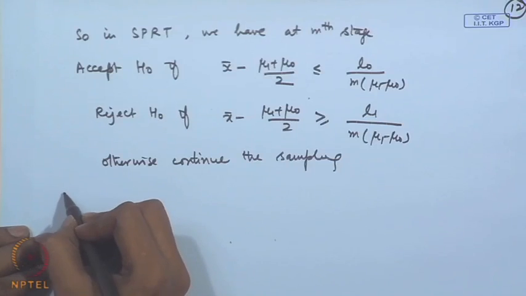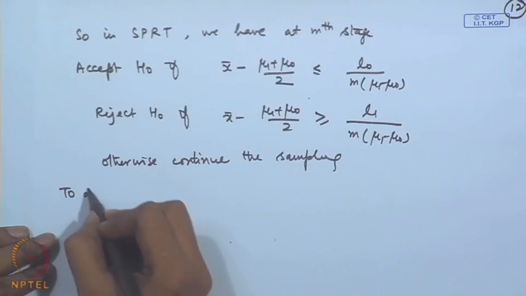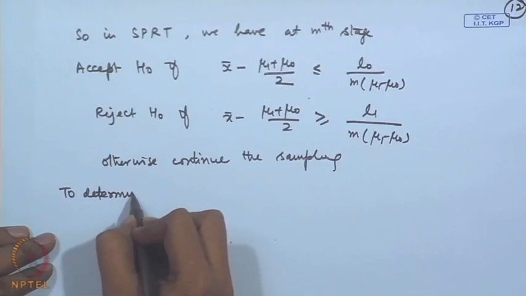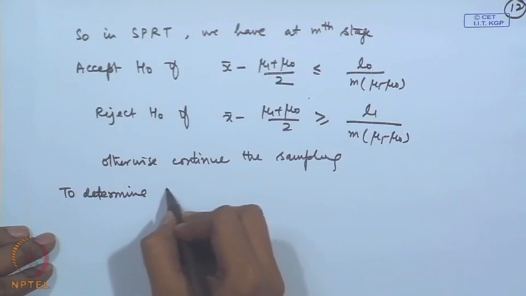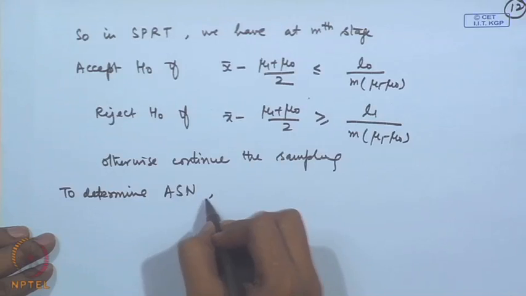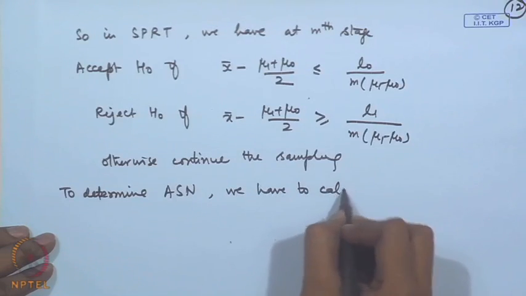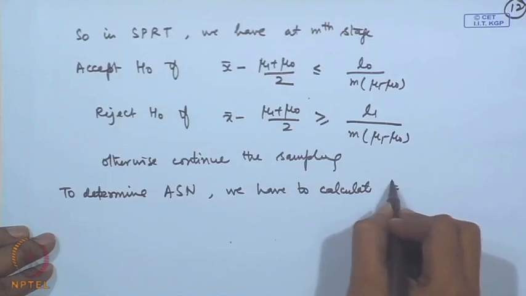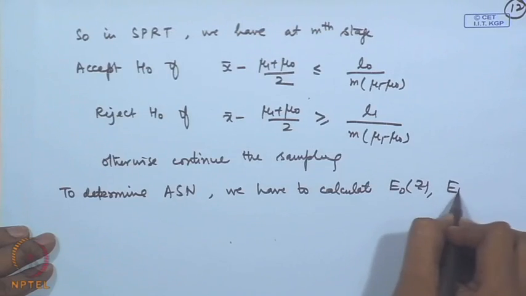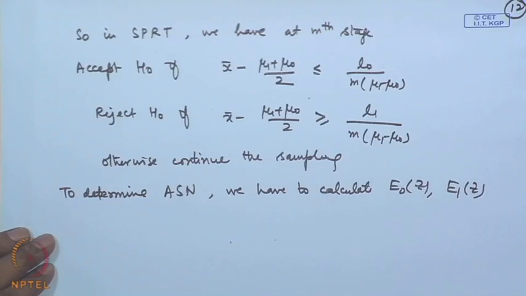Z is again the log of the likelihood ratio. So to determine the average sample number, we have to calculate expectation of z under both h naught and h 1.